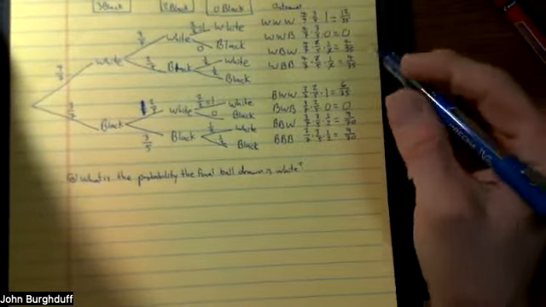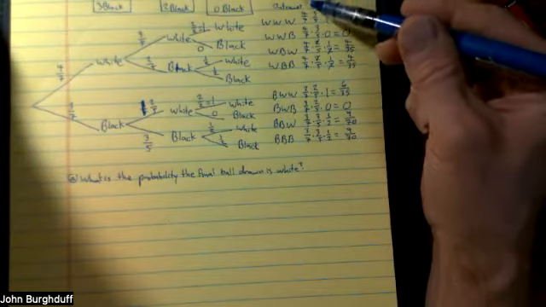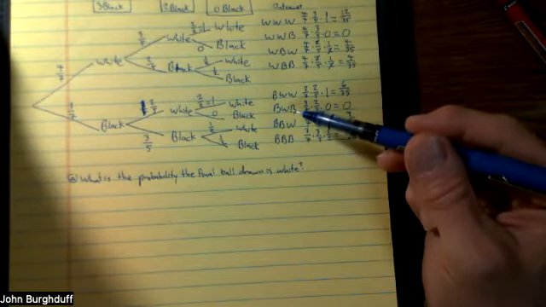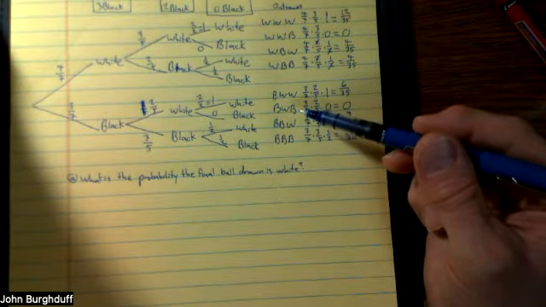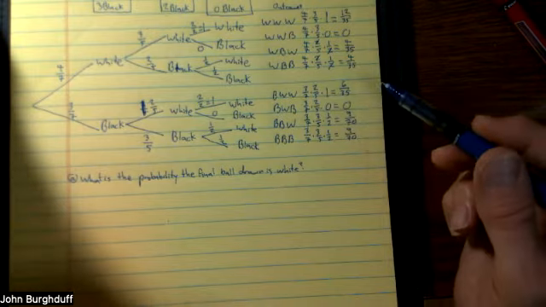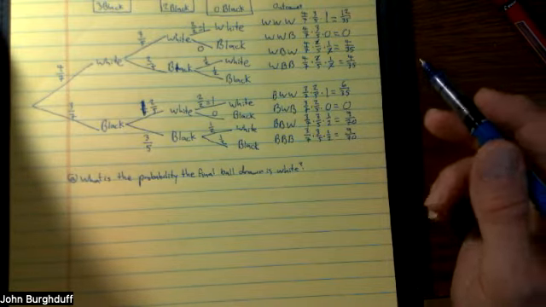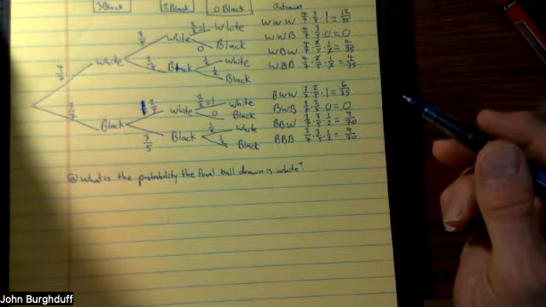This is an event that consists of a number of outcomes. Some of these outcomes end in a final ball of white. When you have different outcomes and you're looking at the probability of an event that consists of the collection of those outcomes, what you do in that case is you add up the probabilities of each individual outcome.